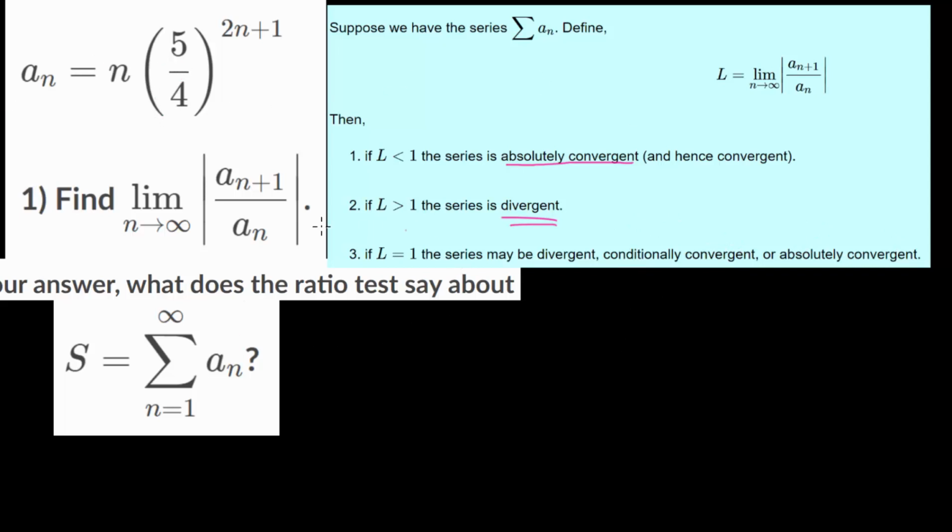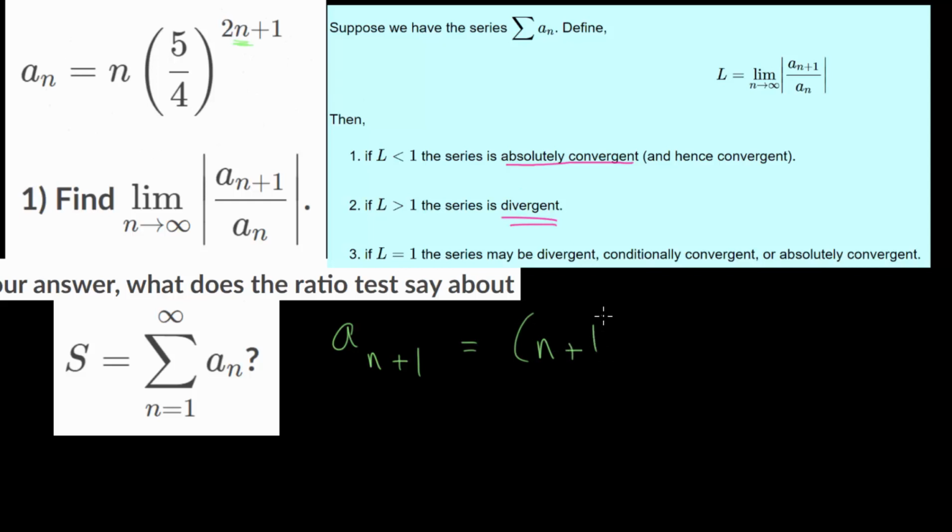So, to apply this ratio test, we need to look at the nth term, which we have right here, and the n plus 1 term. So let's first find that n plus 1 term. We have a of n plus 1. Anywhere we see n in this sequence here, we will plug in n plus 1.